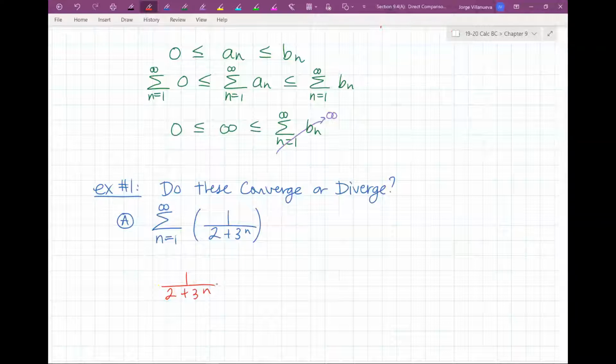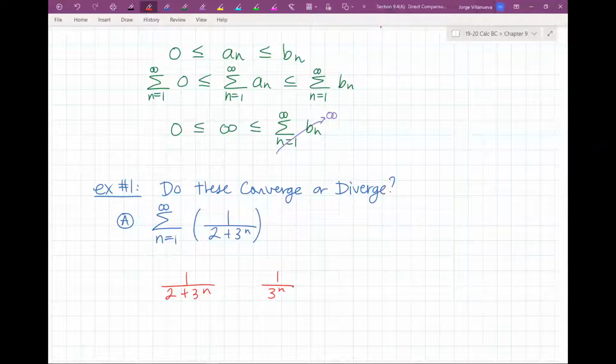All right, so this is what I'm going to do. I'm going to compare it with this function. Notice all I did was I got rid of the extra 2, the plus 2 part. So now look at those two functions. Which one's bigger? The one without the 2.